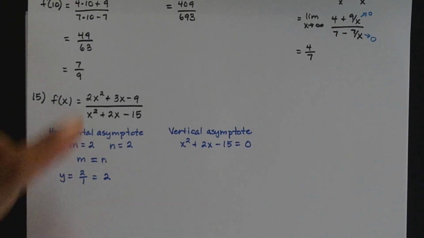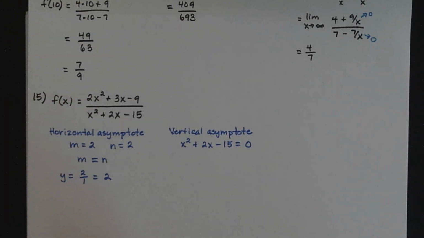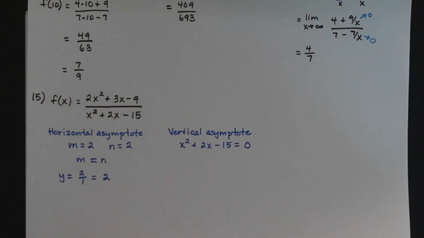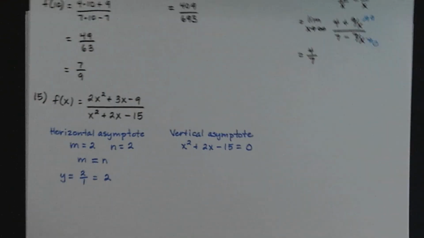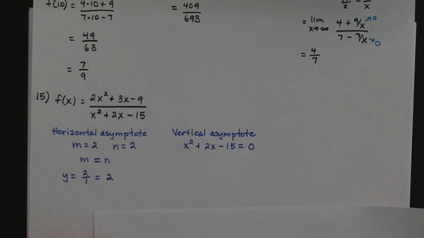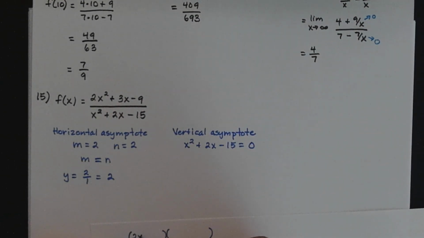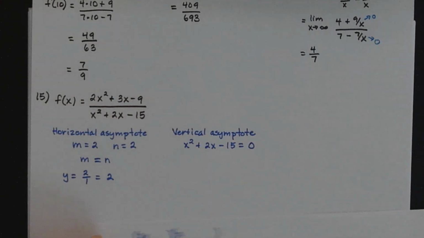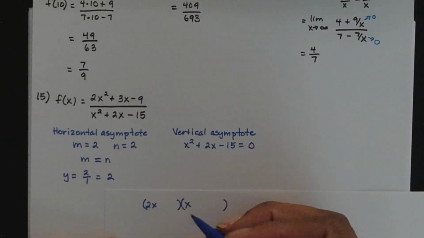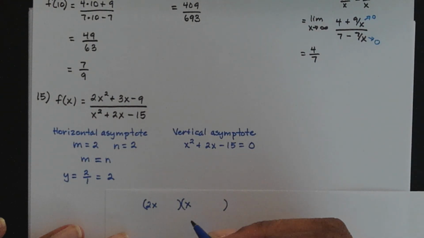Now, I was wondering if we could factor out that, if we can simplify this a little bit. Okay. I'm gonna try something here. And x. Let's say 3 and 3.